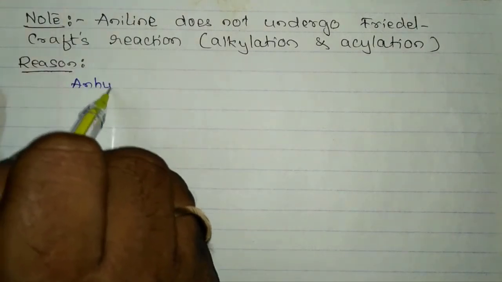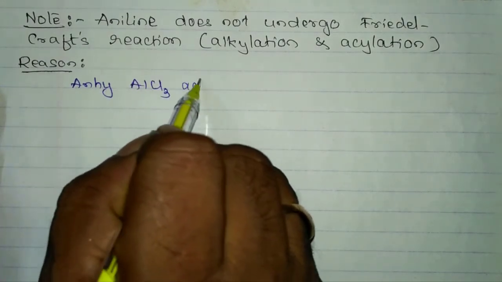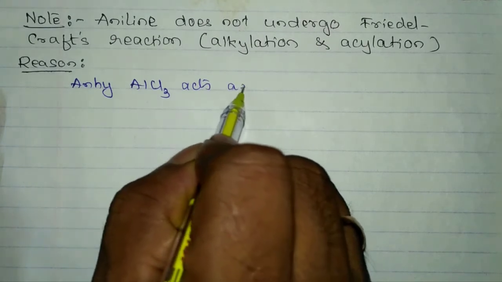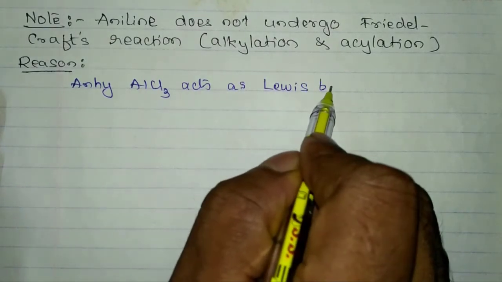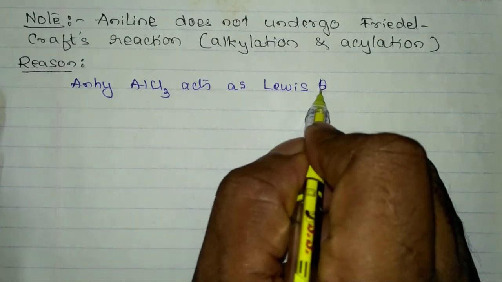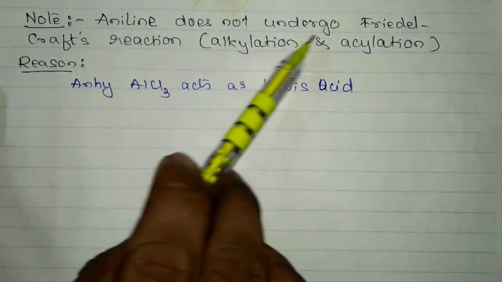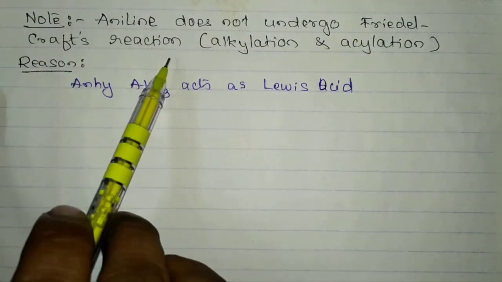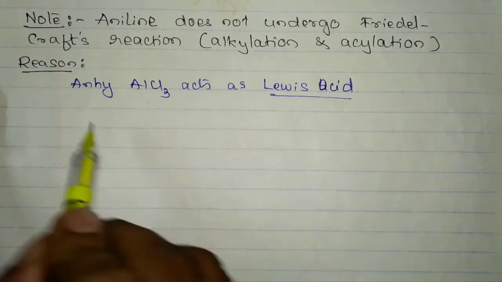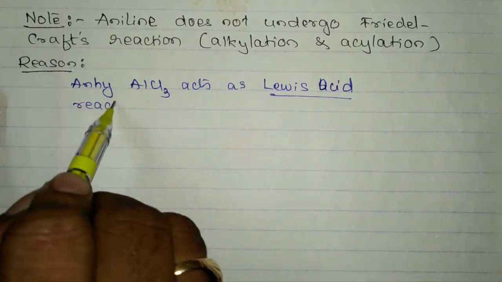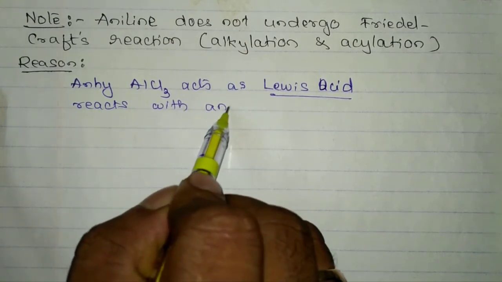Anhydrous aluminum chloride, AlCl3, acts as Lewis acid and reacts with aniline.